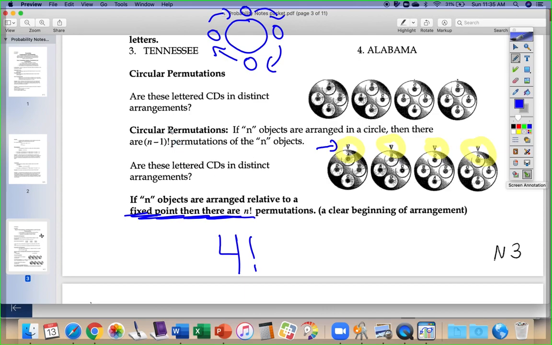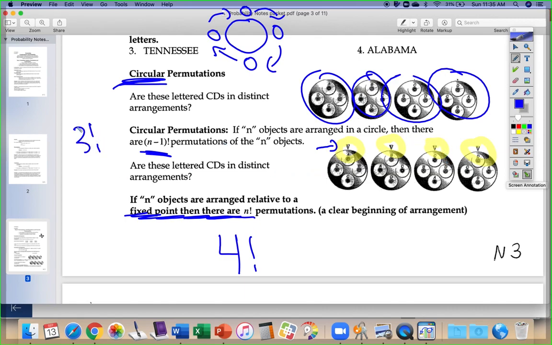A circular permutation is saying if there is no point of reference, then the one group where they all switch but nobody actually is at the top or bottom of the table, because it's a circle. This only happens if things are in a circle. This is saying to subtract 1 because these 4 arrangements, 1, 2, 3, 4 arrangements, are exactly the same. So you would just do 3 factorial.